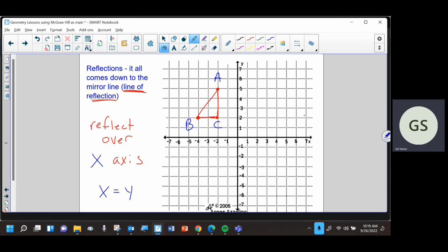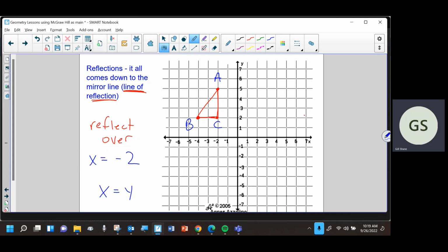So now let's say they want you to reflect it over X equals -2. So not an axis, not a Y or an X axis, just over X equals -2. Nothing changes. You just need to make sure you draw the reflection line in the correct spot.